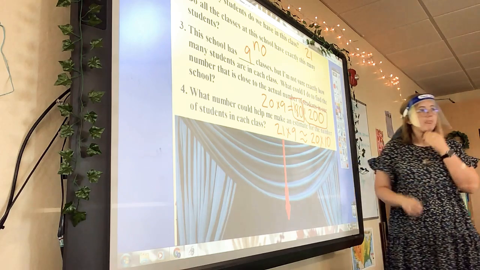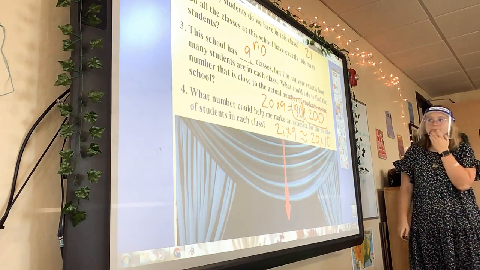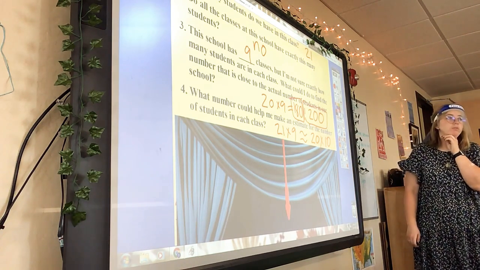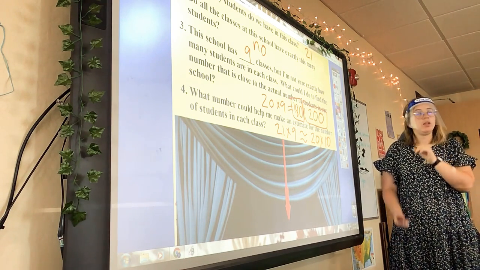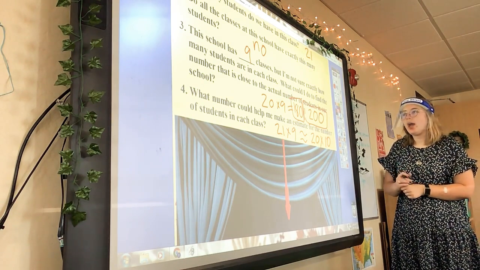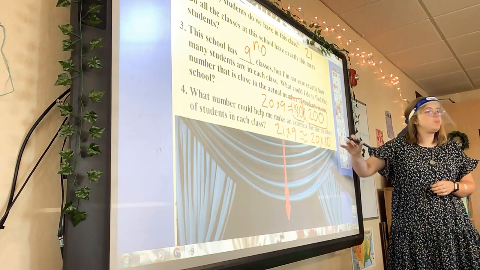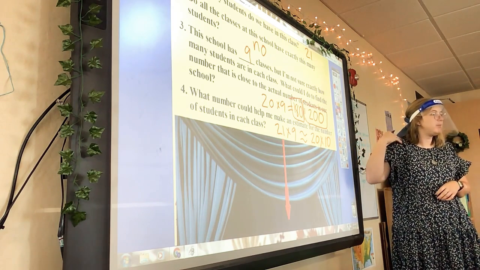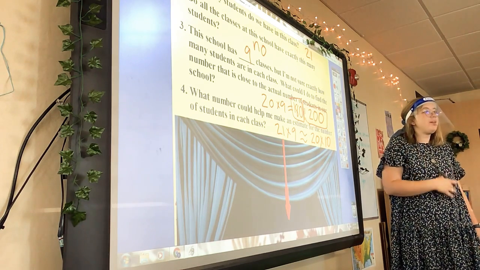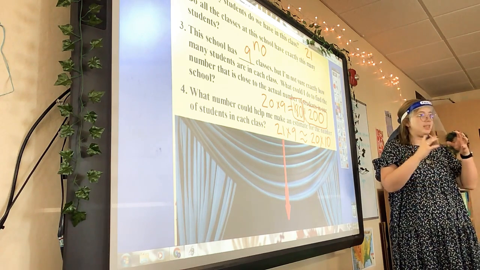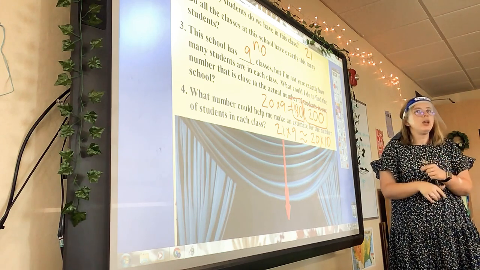Yeah, Henry. So if we were trying to get to the most accurate, would we round to the nearest 1? Good question. So we could, with this problem specifically, but remember on the problem set that we just did, those numbers are really big. So it's going to be a little harder to get to the exact answer per se.